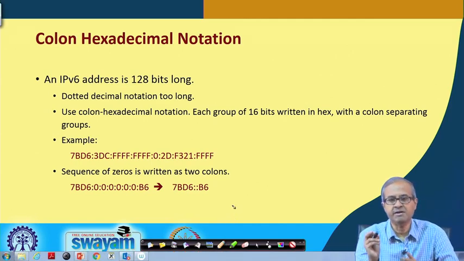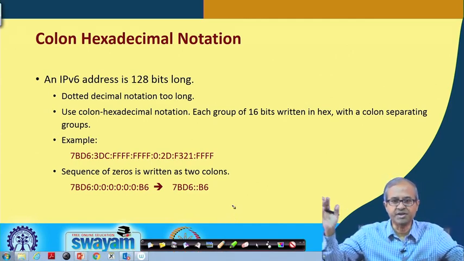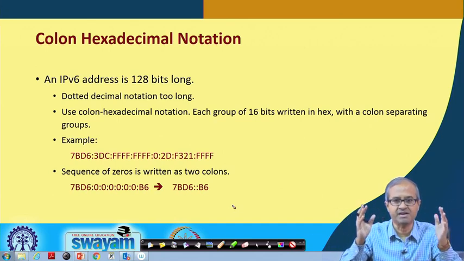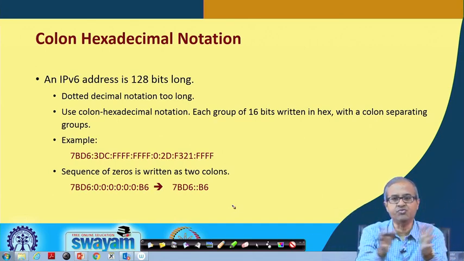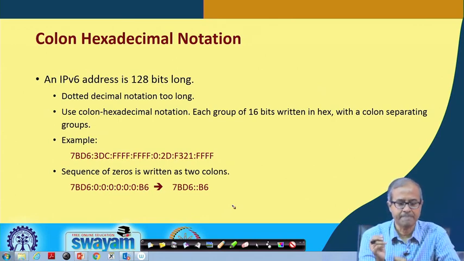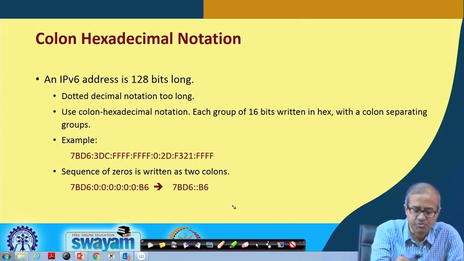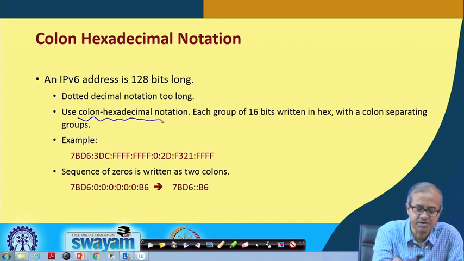There is one thing to observe: in this 128-bit address, which is pretty large, a large number of bits are often zeros. So, instead of dots we use a colon hexadecimal notation.